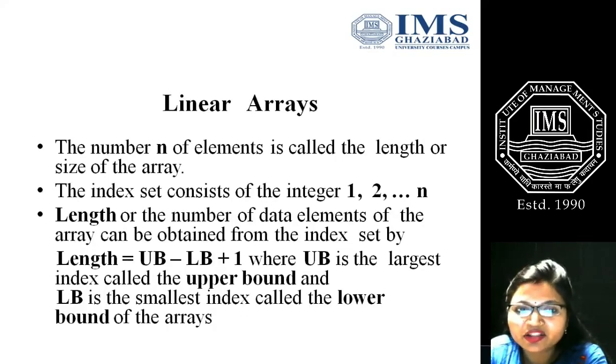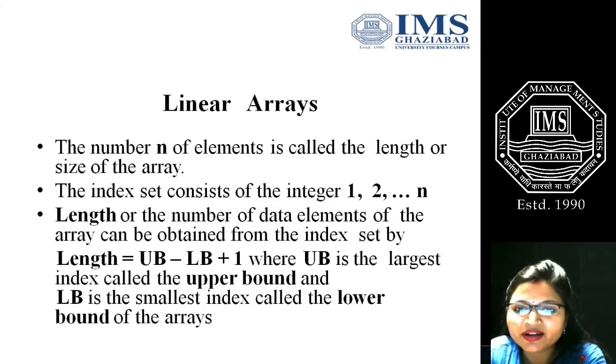The length of the array, or the size of the array, is the number of elements present in an array. The number n of elements is called the length or size of the array. As I told you earlier, the index set consists of the integers 1, 2, 3, and by default it can start from 0.